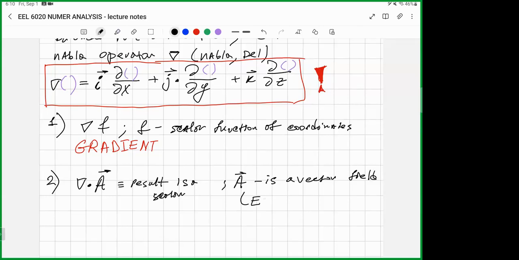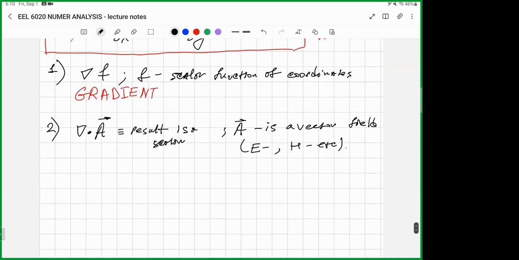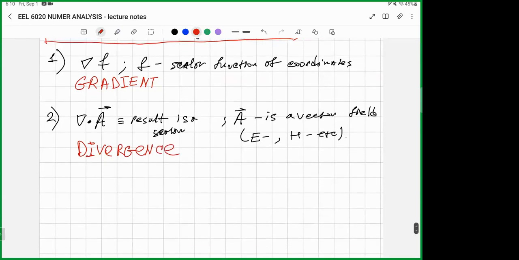For example, E fields in our area, H fields, etc. So in this way, when nabla operator acts on a vector as a dot product, it's called divergence. For the reason that will be clear, hopefully today.